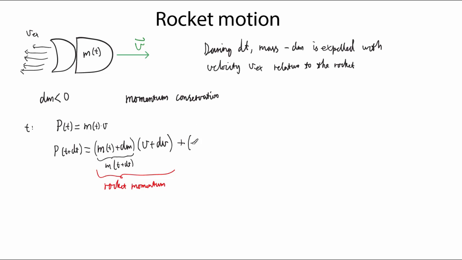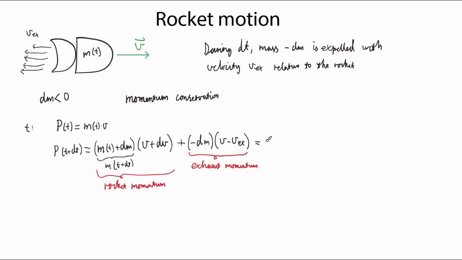It has a total mass of minus dm, and its velocity relative to the rocket is v exhaust, vx, which means that its velocity relative to the frame in which we are looking at the rocket is going to be v minus vx. Right, minus vx because it's moving backwards, and the rocket itself is moving forwards with some velocity v in our frame. So this is the exhaust momentum.